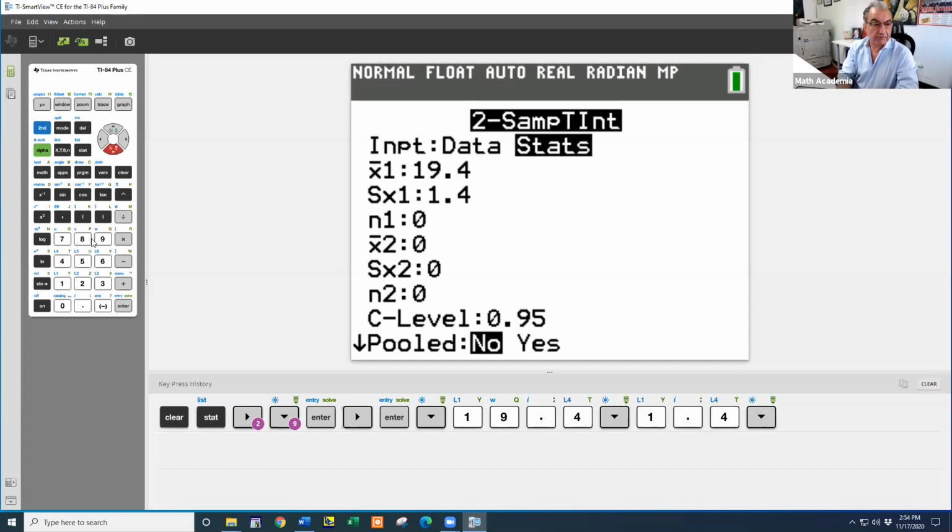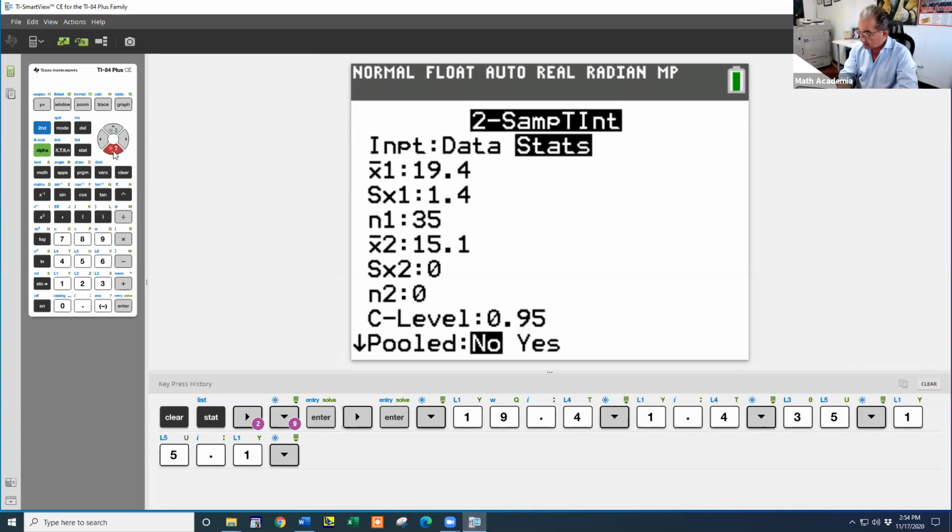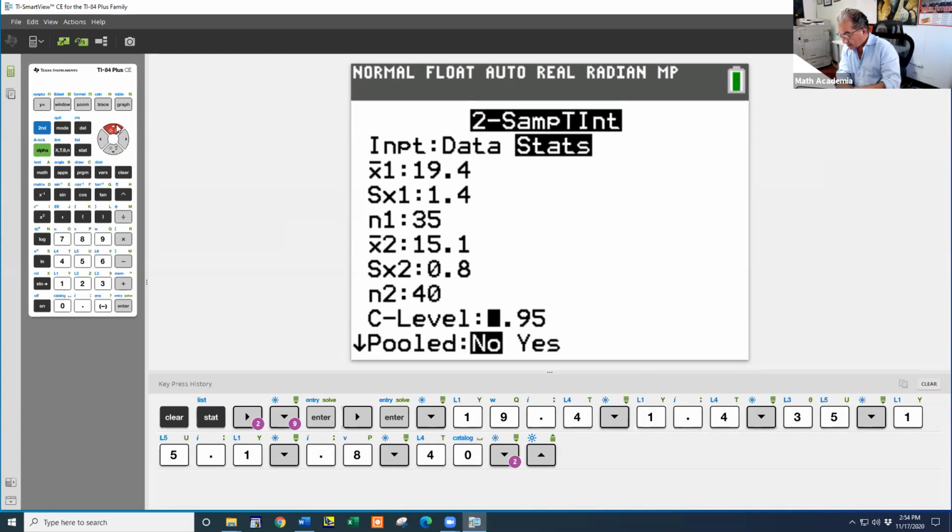N1 is given to be 35. X bar 2 is given to be 15.1. S sub x2 is 0.8. N2 is 40. And confidence level is 0.95.